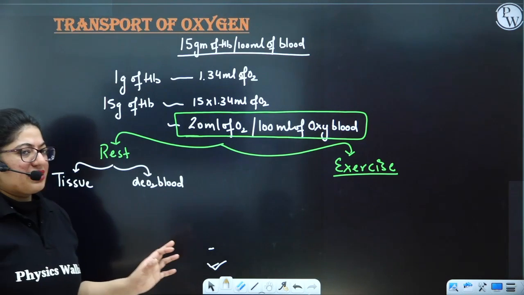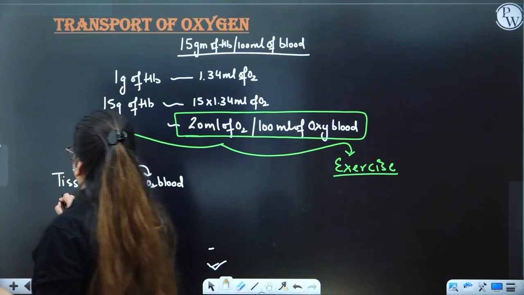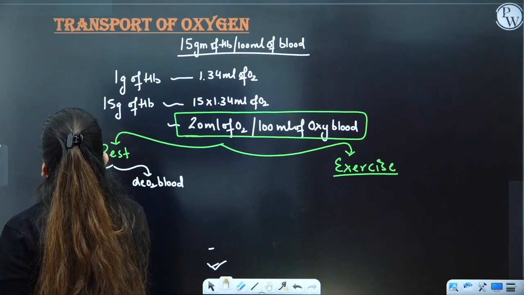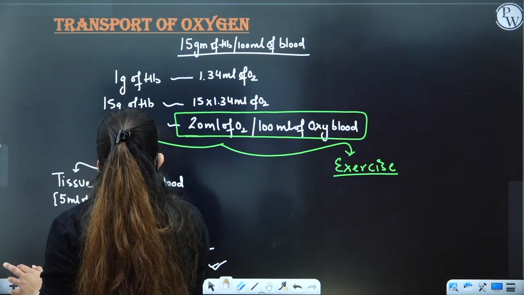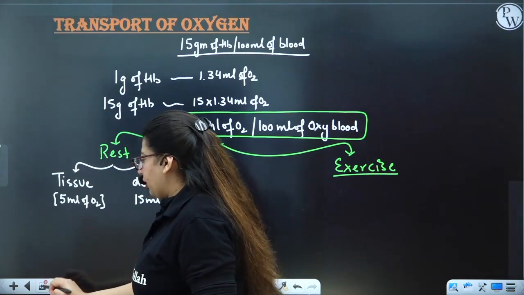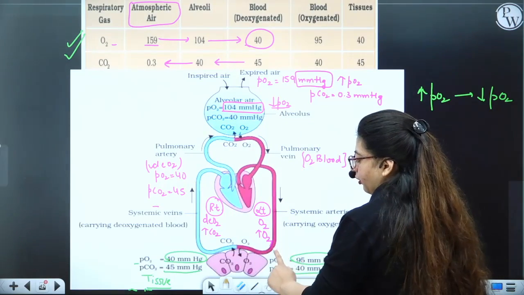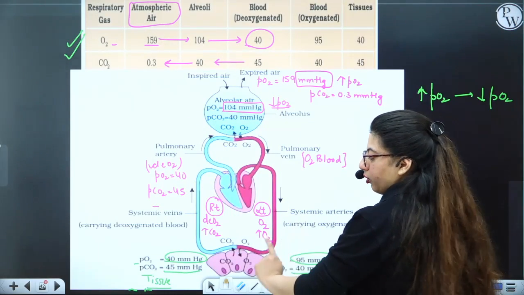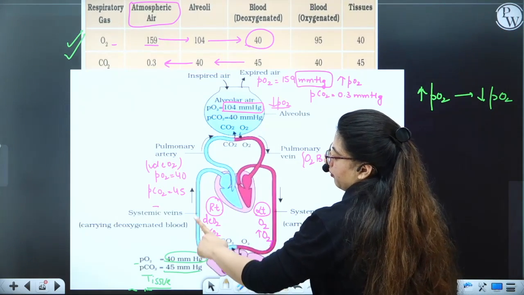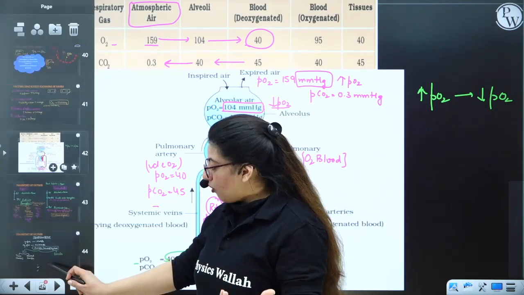So 5 ml of oxygen from this 20 ml will go into the tissues. Another 15 ml will become part of your deoxygenated blood. So this tells us that even deoxygenated blood contains oxygen.